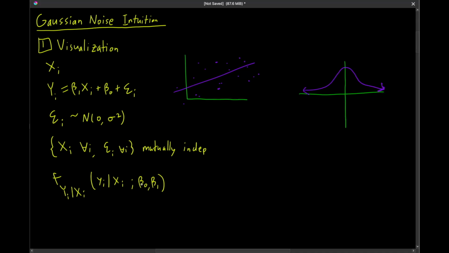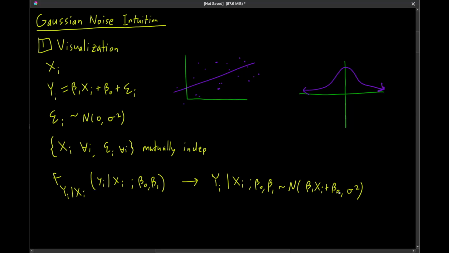When you're given the beta 0, beta 1 xi, this term here becomes just a constant. And so yi is just epsilon i shifted by this constant, which means that yi given xi and the betas is normal with mean beta 1 xi plus beta 0. And the variance is still sigma squared.